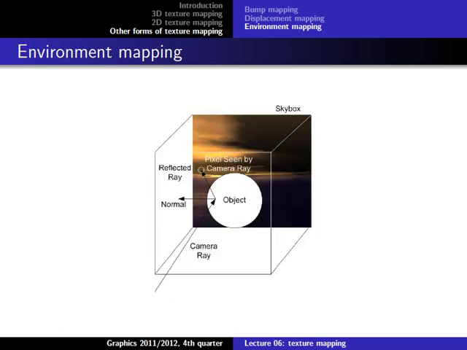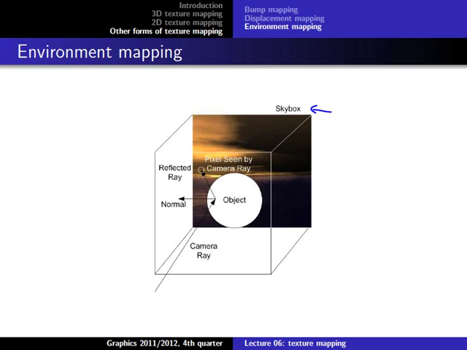So we have an object here, and we place a texture around the object, like in a cube, for example. In game implementation, this is usually called a skybox, which is used, of course, first of all, to create the background of your scene, but you can also use it with environment mapping to create a reflection.